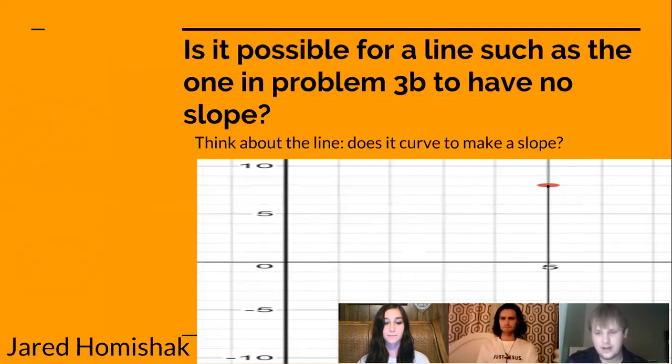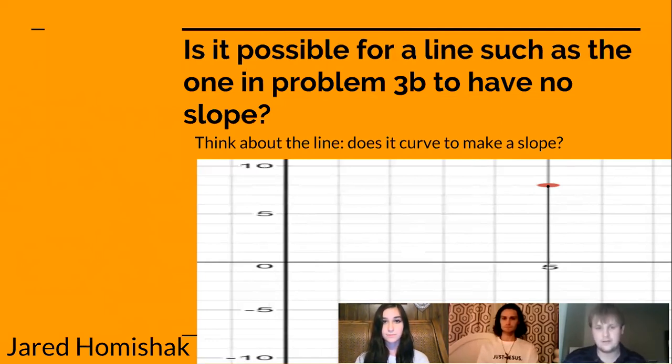That is correct. I've actually got that specific line pointed out for you here on the graph, the bottom right. And the key is this. As Destiny and Andrew have pointed out, that line sloped upward to the right. But with this line, you can see the points both sit on the value x equals 5, which means the only way this line can go is upwards and downwards.